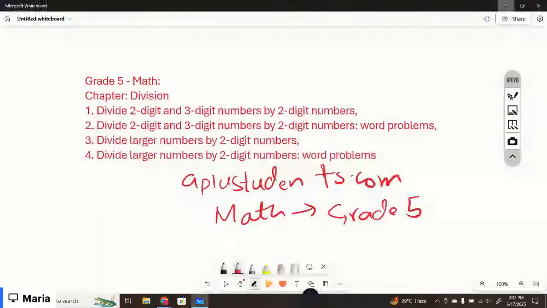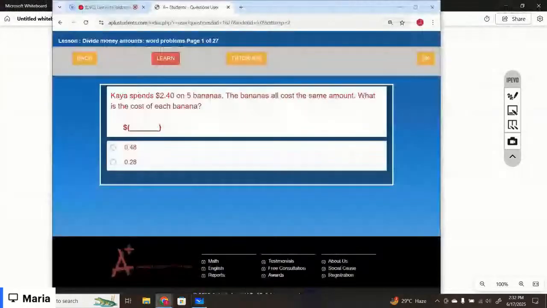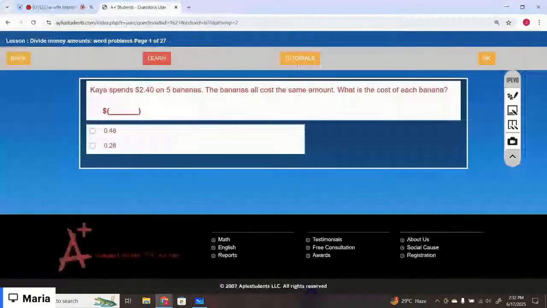I spent $2.40 on 5 bananas. Bananas all cost the same amount. What is the cost of each banana? So which is the option?